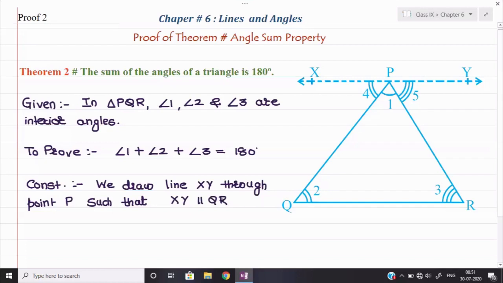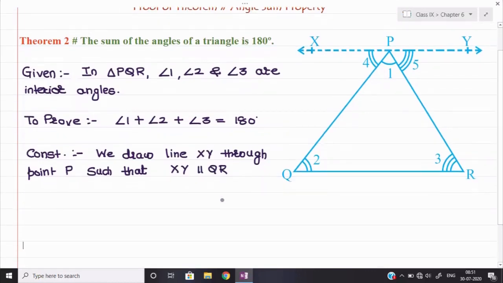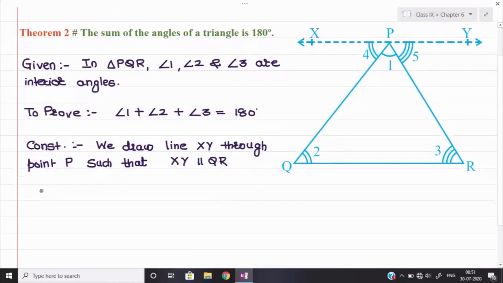Now let us start the proof of the question. So first, now I am writing here proof. Now look at the line XY and QR. Now I think you are mature enough to observe the pair of corresponding, alternate or interior angles.